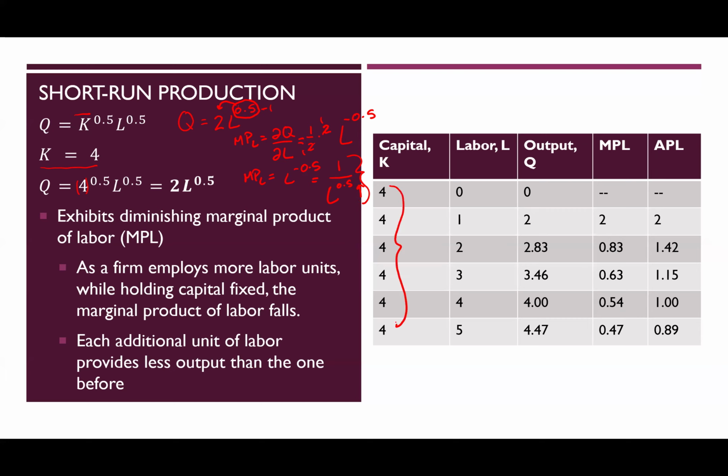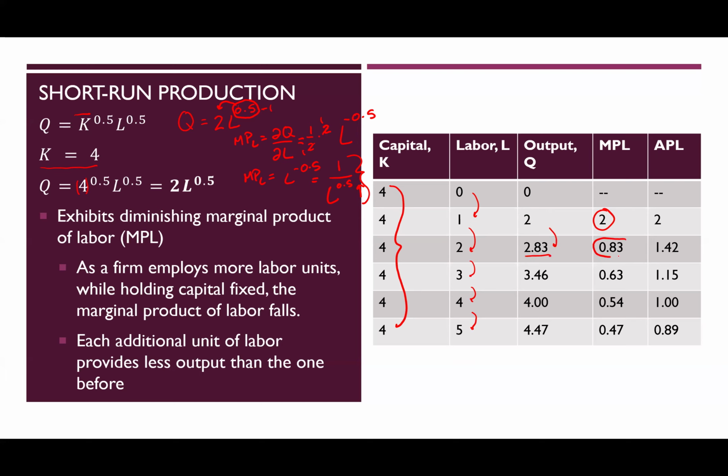Capital is held fixed at 4 units, and we're going to increase labor by 1 unit in each row. So we'll go from 0 to 1. When we go from no labor to some labor, we jump from output of 0 to output of 2. So that means that our marginal product of labor is 2. When we jump from 1 worker to 2 workers, now our total output is 2.83.